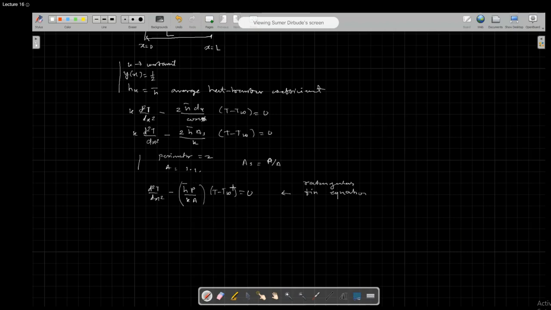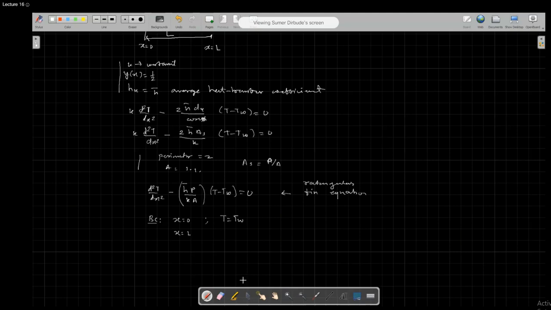Now we would like to solve this problem, so we need boundary conditions, and say boundary conditions are given. At x equals 0, the obvious boundary condition is T equals whatever the T wall is, and at x equals L we need a boundary condition.